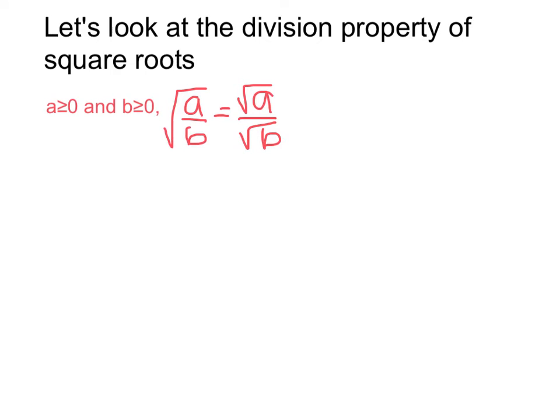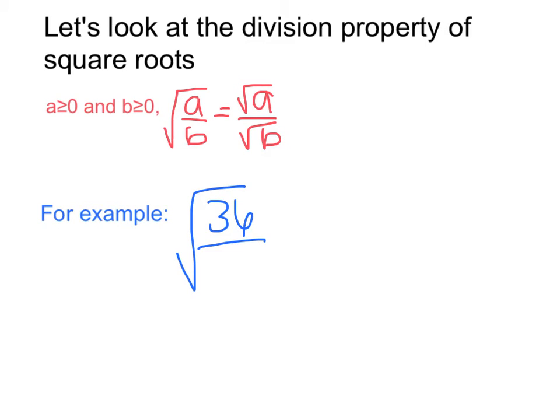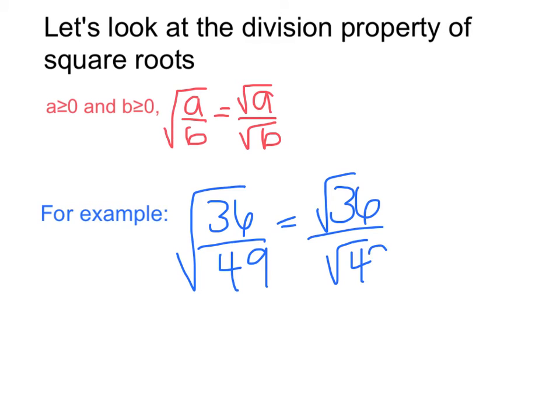Now let's look at the division property of square roots. When a is greater than or equal to 0 and b is greater than or equal to 0, the square root of a over b is equal to the square root of a over the square root of b. For example, if we have the square root of 36 over 49, this is like saying the square root of 36 over the square root of 49.